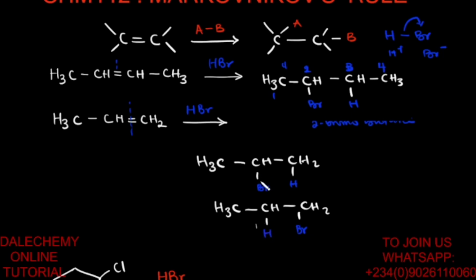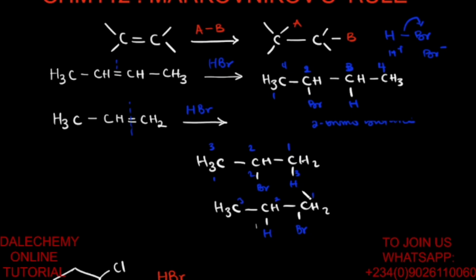When you name the first one, no matter where you start your numbering, you are going to get 2-bromopropane, because this is 3 carbons. But when you start from here, it will be 1-bromopropane.